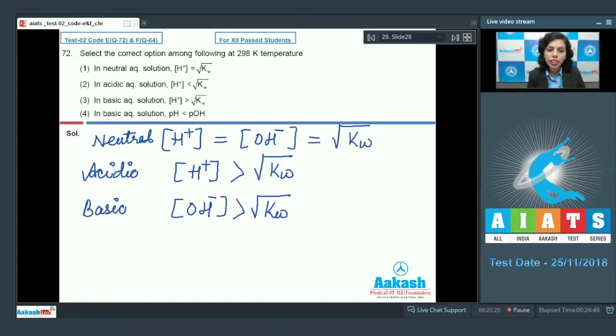With the help of this we can easily choose the correct option from the following. If you check the given options, you will find that the correct expression is given in option 1. And if you talk about the fourth option, in basic aqueous solution pH is less than pOH, it is also wrong. Only the first option is correct. And that's why the correct answer for this question is option 1.